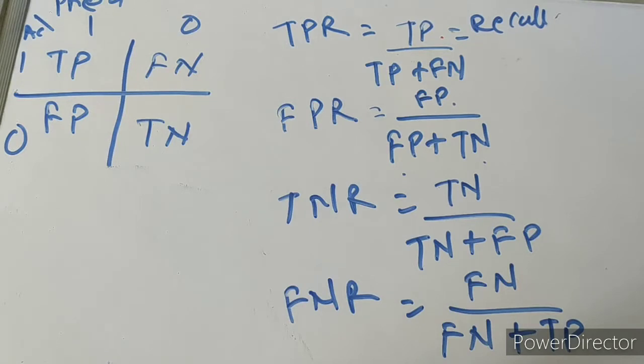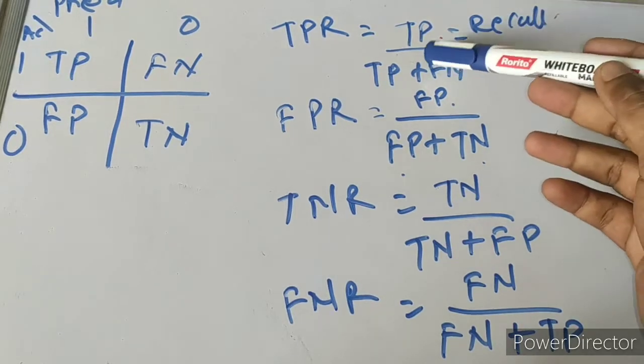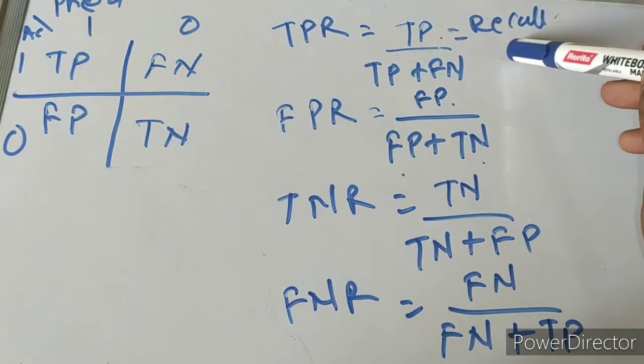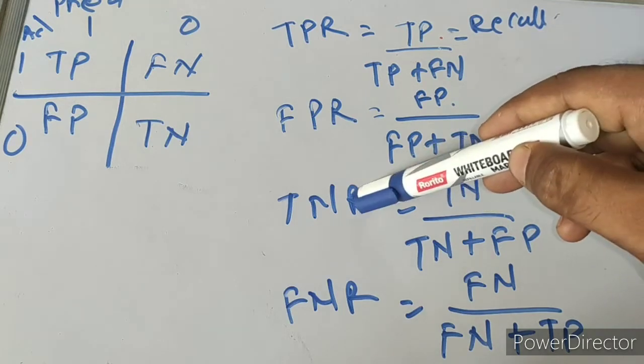And true negative rate is also called recall if we are considering the negative value. If we are considering the positive value, then recall for the positive value will be true positive rate, recall for the negative value will be true negative rate.